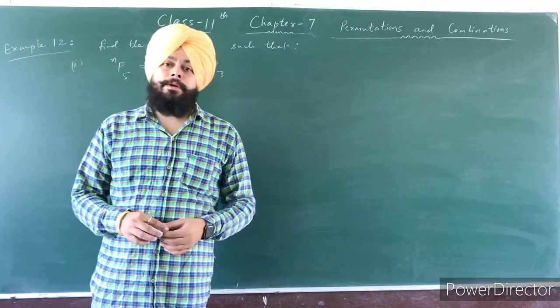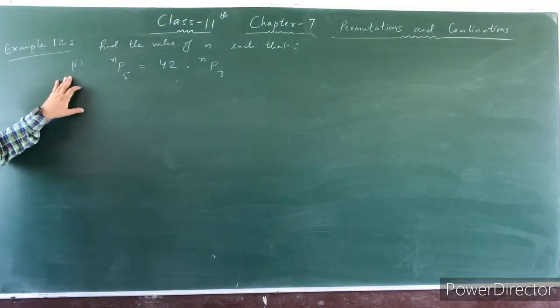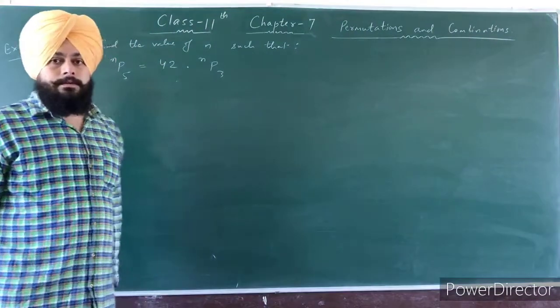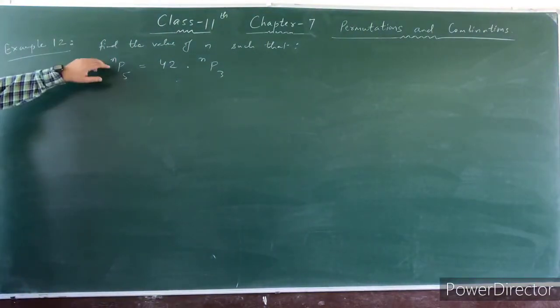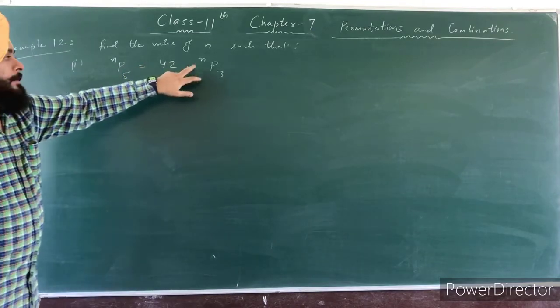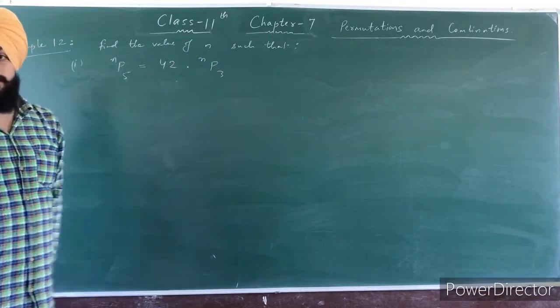Next, students, example number 11 is your homework. Now see example number 12, first part. In this example, find the value of n. The condition is nP5 is equal to 42 multiplied with nP3. You have to find the missing value n.